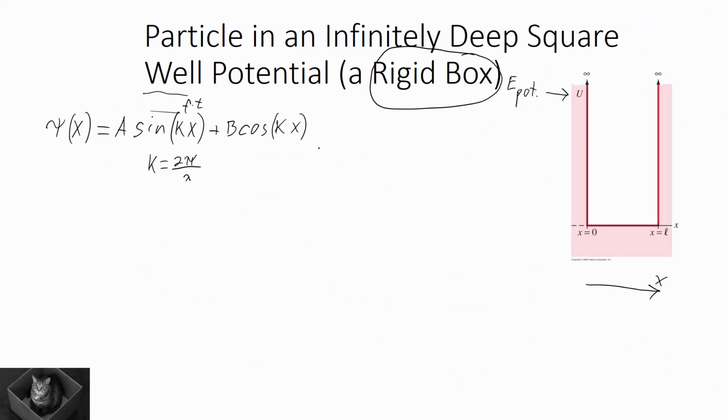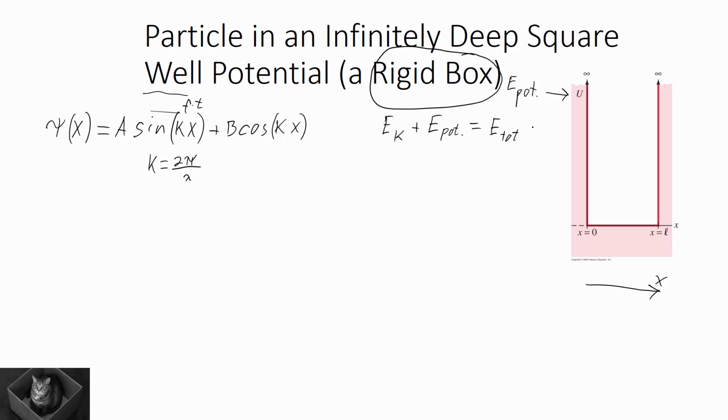Alright, let's go back. Here is our general expression for any wave, and we're going to try to figure out a specific equation for the waves that will fit nicely in this box, and also waves that will obey conservation of energy. So in general, we can say that the kinetic energy plus the potential energy of any object is equal to the total energy.